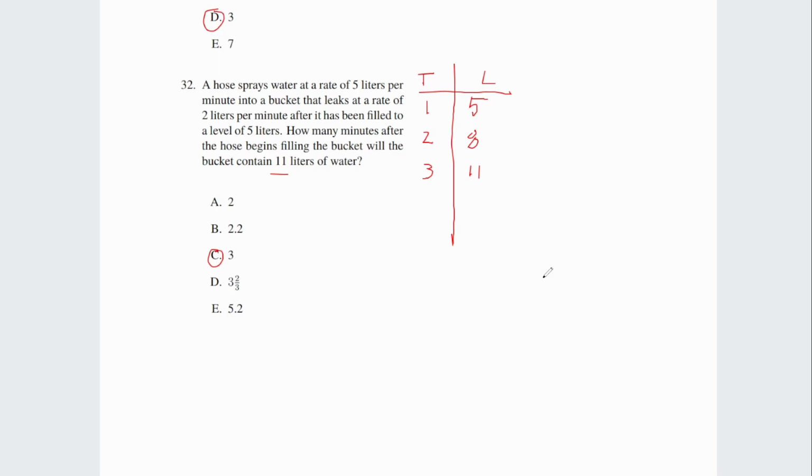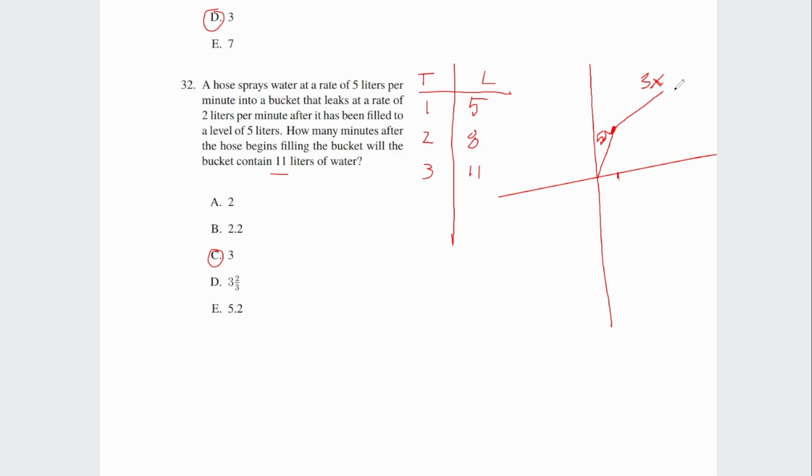The other way that you can solve this is to think of it as sort of a system of equations, or if you think of it as sort of a graph, where if we imagine 1, we can say that we have the line 5x, and then afterwards we have the line 3x.